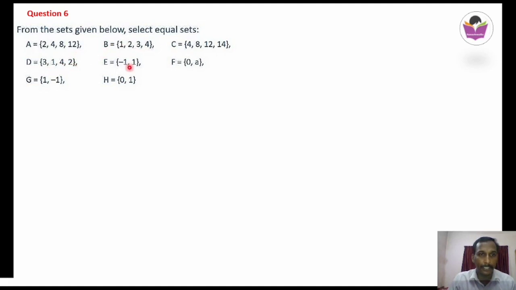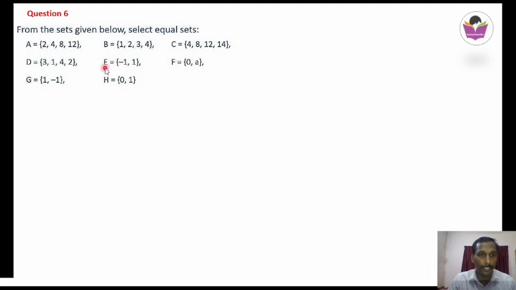Then we can check these 2 elements are not at all equal, because here there is an alphabet. And here 1 minus 1, here minus 1 1, so of course these 2 are equal. And here 0 1 negatives in these 2 sets. When you check these 3 sets with 2 elements, 0 and 1 are not there exactly.